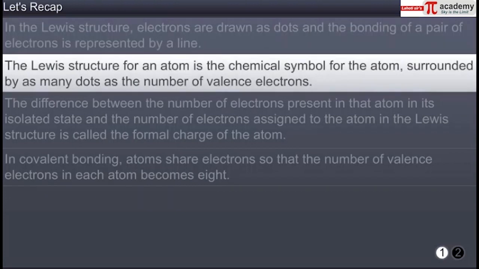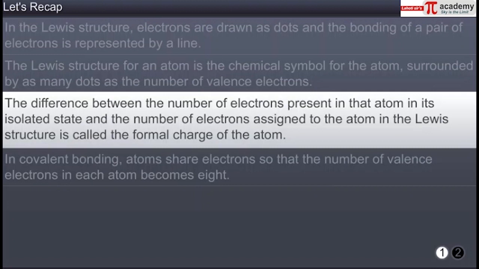The Lewis structure for an atom is the chemical symbol for the atom, surrounded by as many dots as the number of valence electrons.